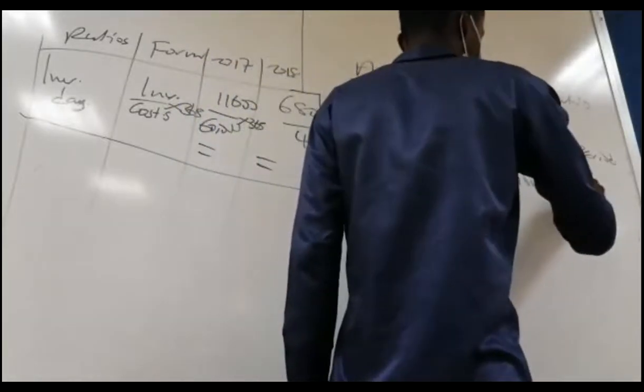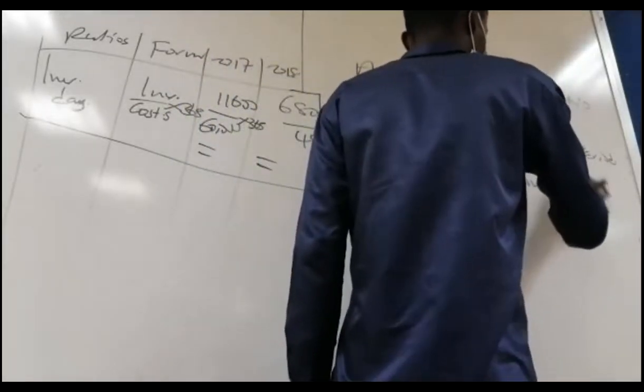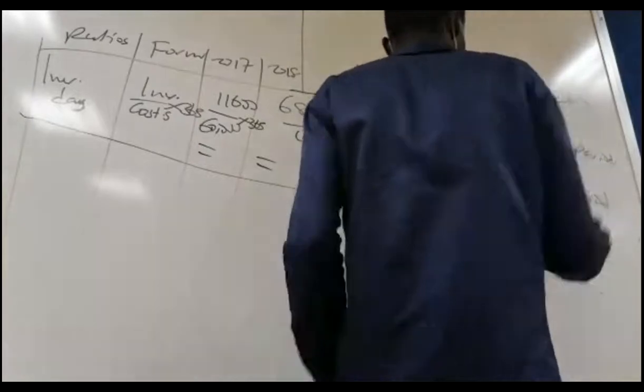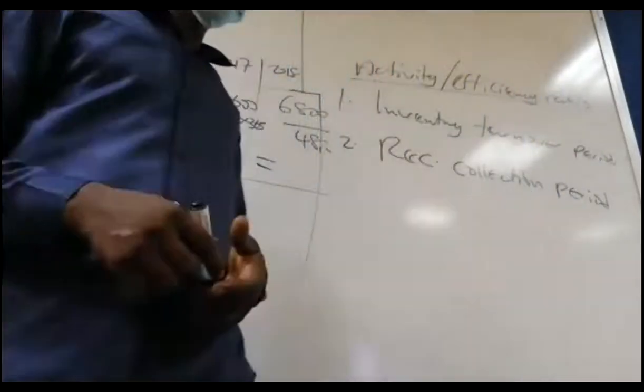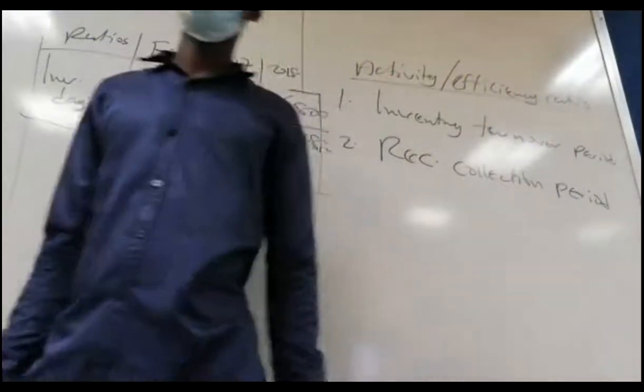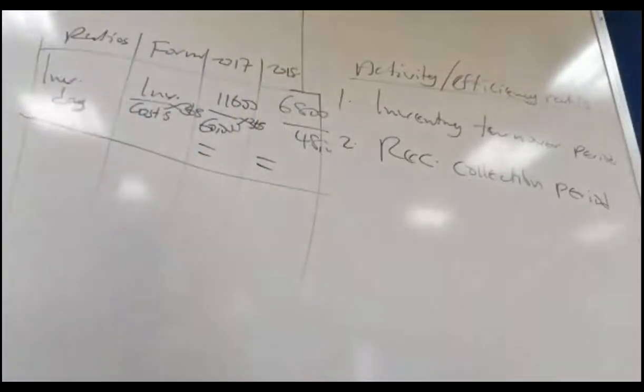Receivable collection period talks about how long it takes the organization to collect its cash after sales. So after sales, how long does it take the organization to collect the cash?